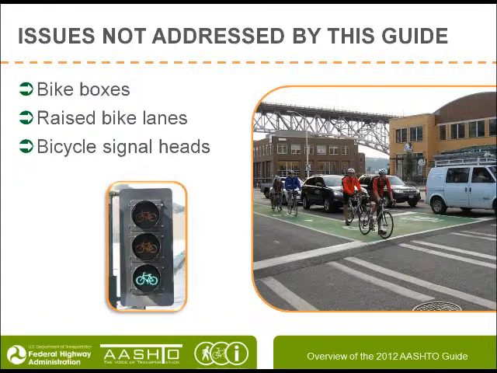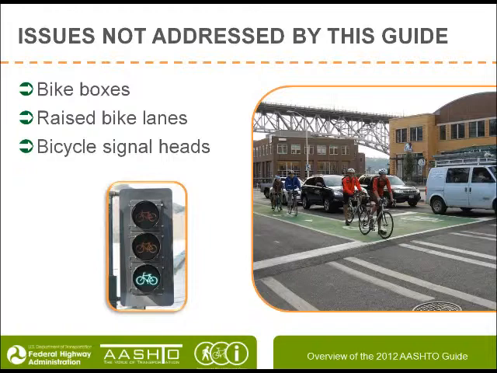Now, I mentioned there's a few things that are not addressed by this guide. We talked about the bike signal heads are not in this guide. Bike boxes are not in this guide either, or raised bike lanes. In the case of bike boxes and bike signal heads, the reason for that is because at the time the guide was published, Federal Highway Administration had not yet issued any guidance on bike boxes or bike signal heads.